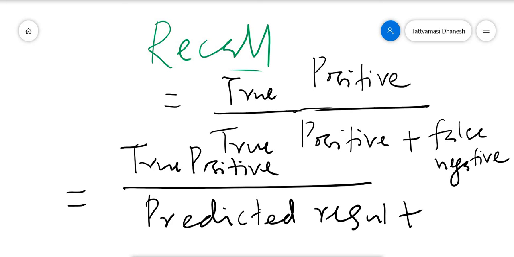But precision and recall are in tension. That means as precision increases, recall decreases. They are inversely proportional. That is the mathematical explanation. We need high precision and recall for a machine learning model.